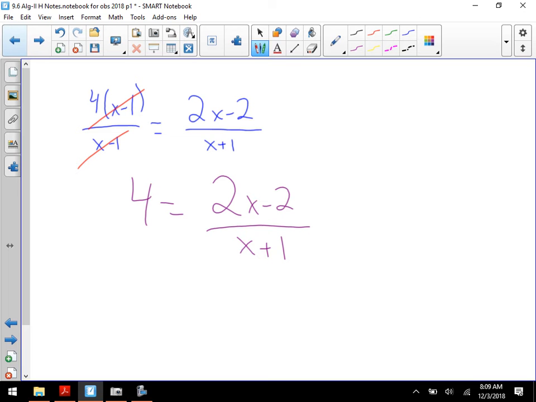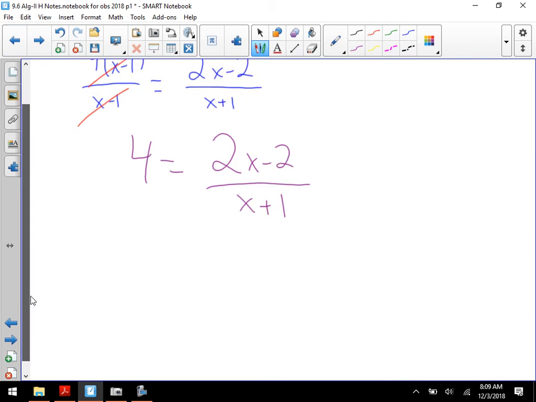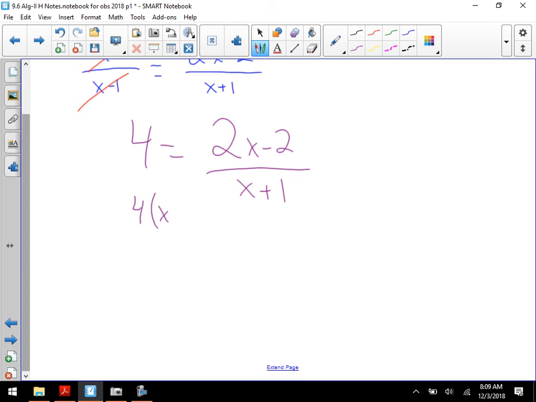Now, when you have fraction equal fraction, that's when you would cross multiply. This is that idea of cross multiplying, but you only have to cross multiply along one diagonal, because what's in the denominator of the 4? So what happens here is we wind up with 4 times the quantity x plus 1 is 2x minus 2.